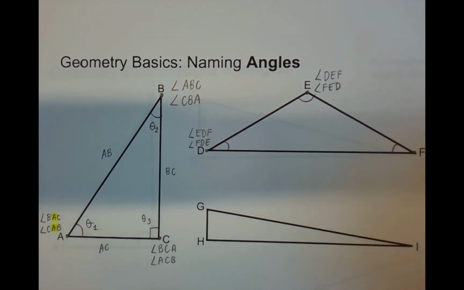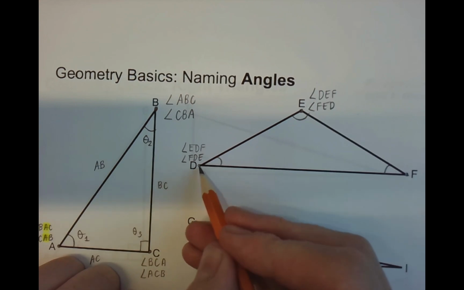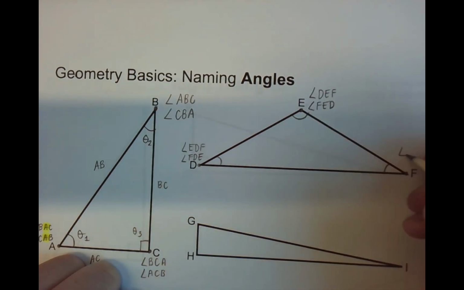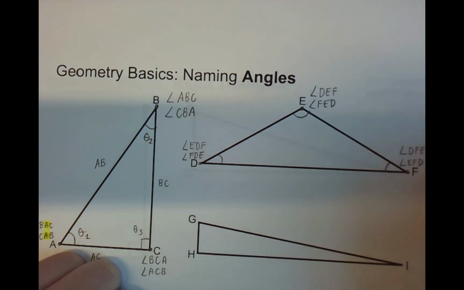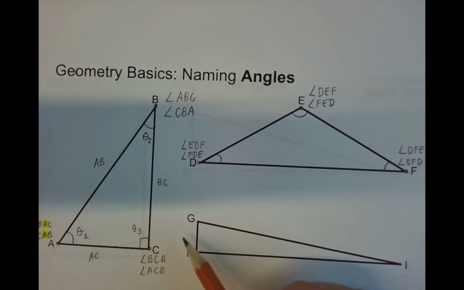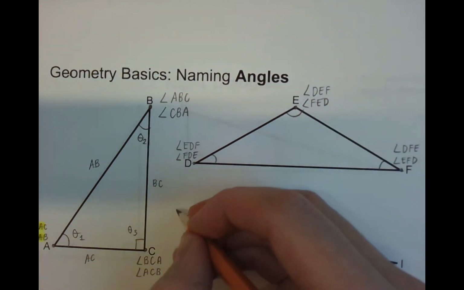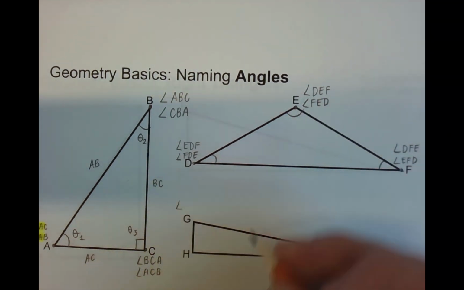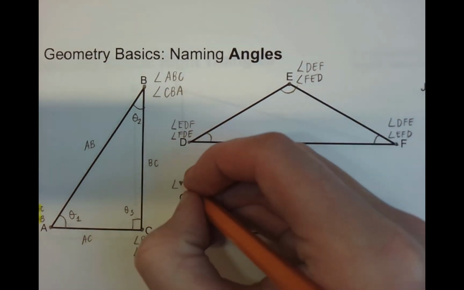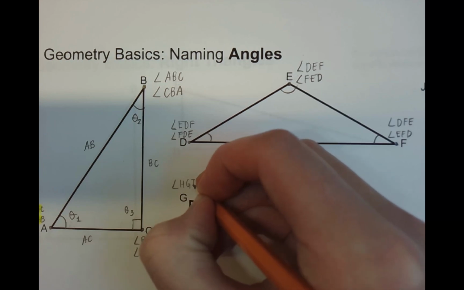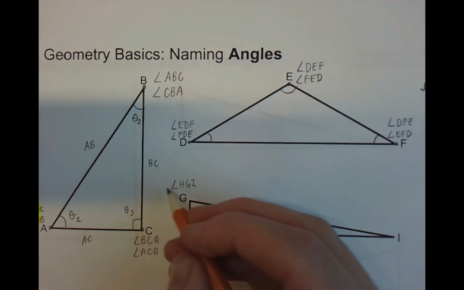This angle we can call angle DFE, or angle EFD. And the other ones would work the same. This would be angle HGI, or angle IGH.